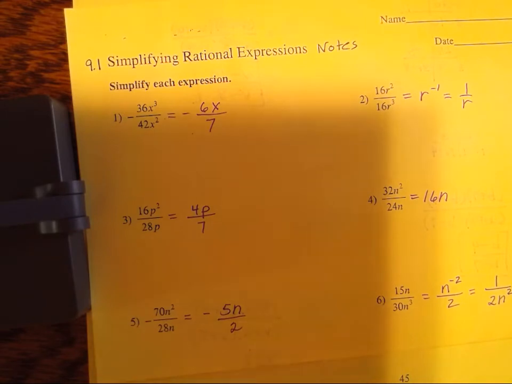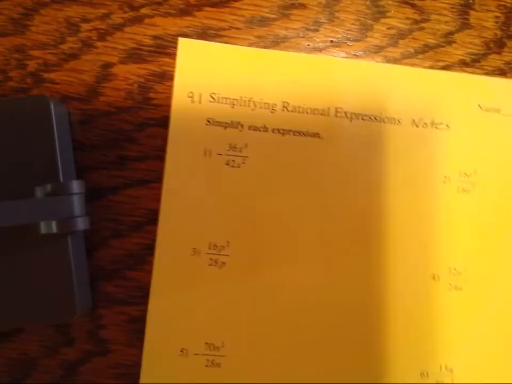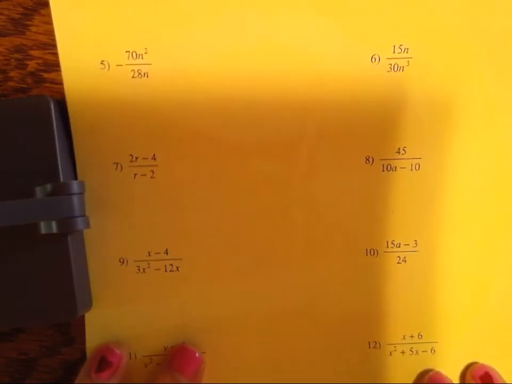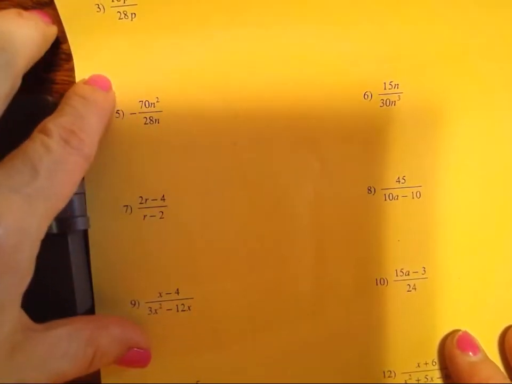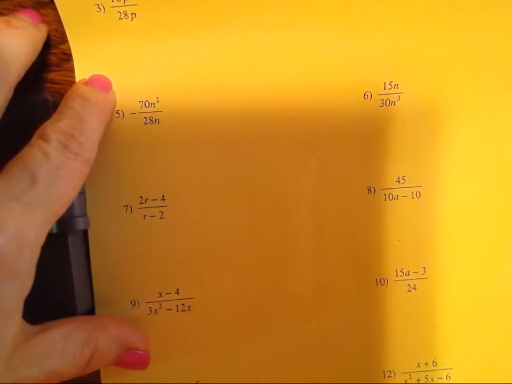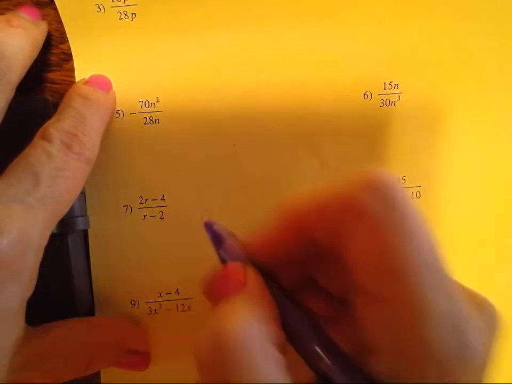Alright, let's look at number 7. On number 7, we have 2r minus 4 over r minus 2. We want to factor the numerator, and so what we need to factor out is a 2.